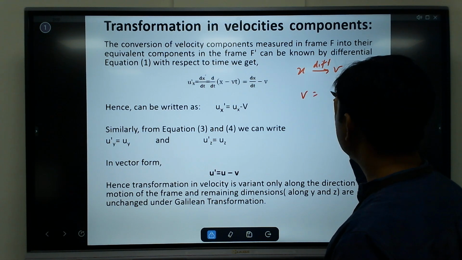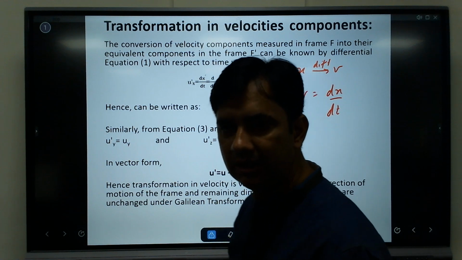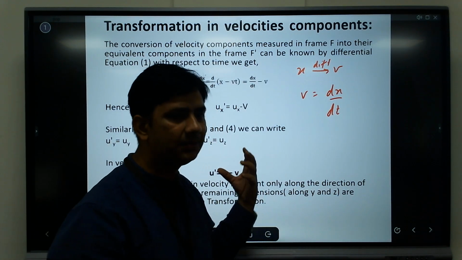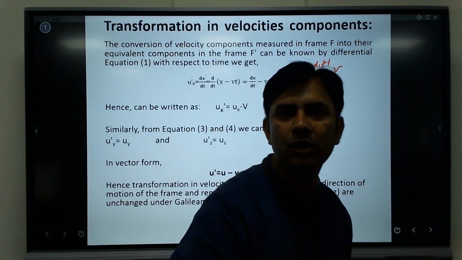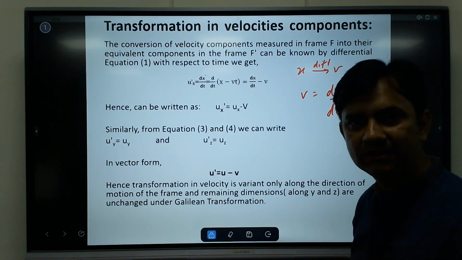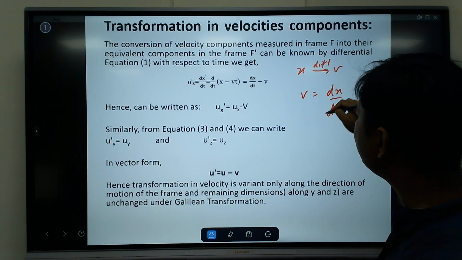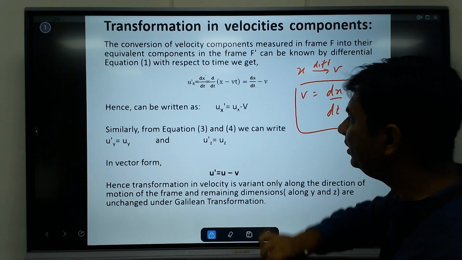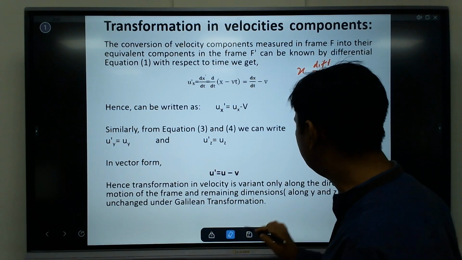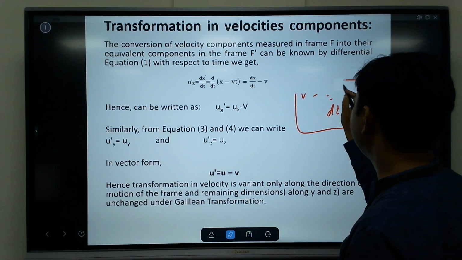Velocity is nothing but dx by dt, right? If you want to transform a displacement into a velocity, what will you do? You will differentiate. So if we differentiate, then my v is equal to dx by dt. We'll do the same thing over here. How? I'll explain.